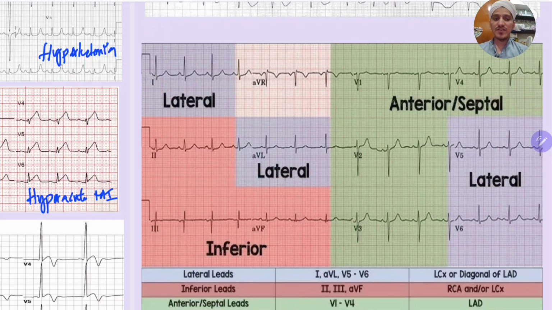See here, whenever you see an ECG, you will have this type of ECG, a 3-channel ECG. So you will have 1, 2, 3, AVR, AVL, AVF, V1, V2, V3, V4, V5, V6.